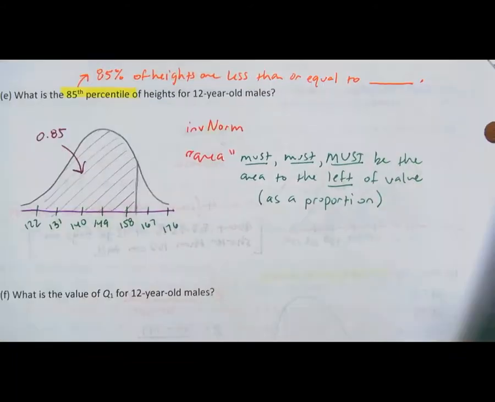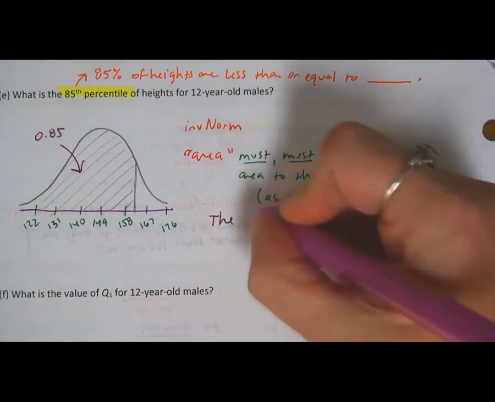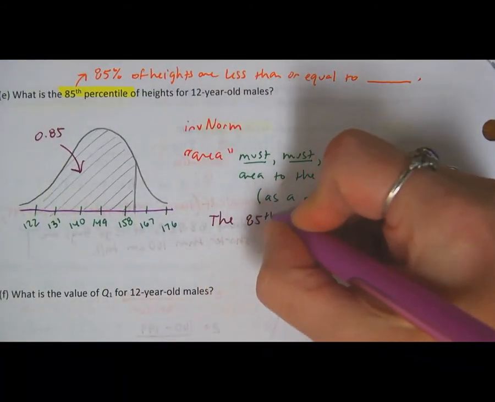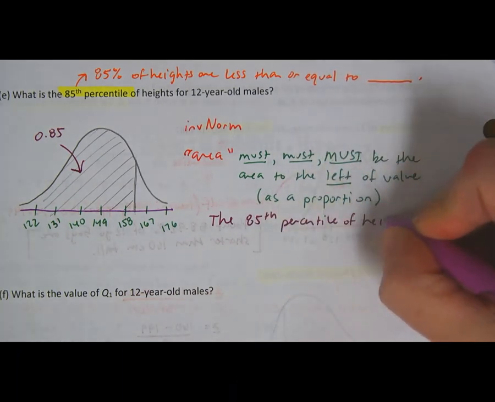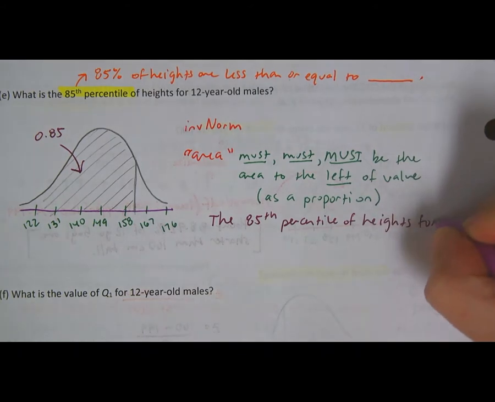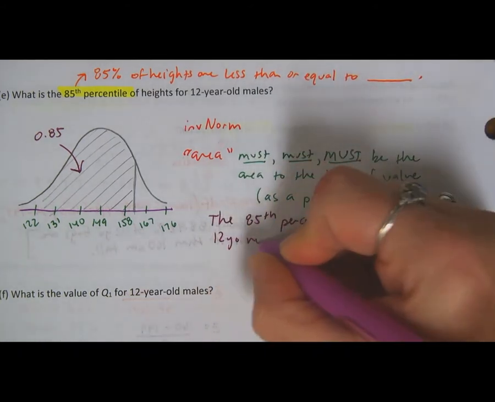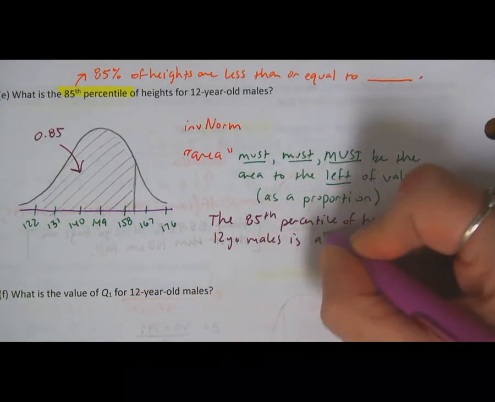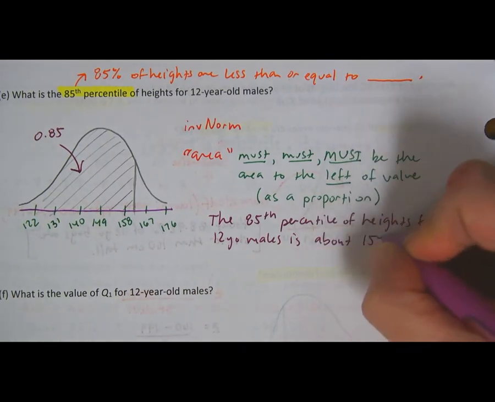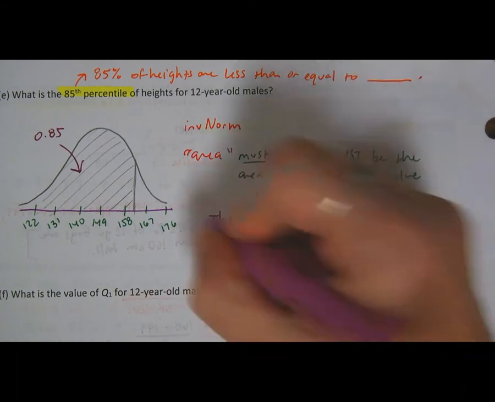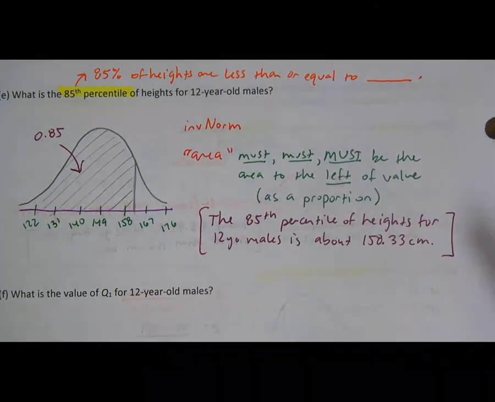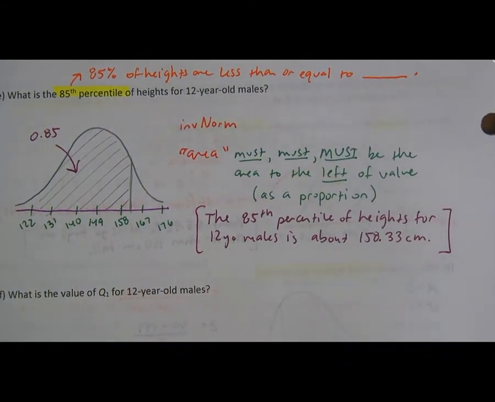The 85th percentile of height for 12-year-old boys or 12-year-old males is about 158.33 centimeters. Calculator saves our butt.